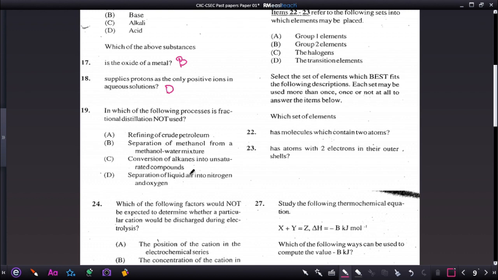Conversion of alkanes into unsaturated compounds. No. Separation of liquid nitrogen in air. Yes. So A, B, and D require fractional distillation. C does not require any fractional distillation.